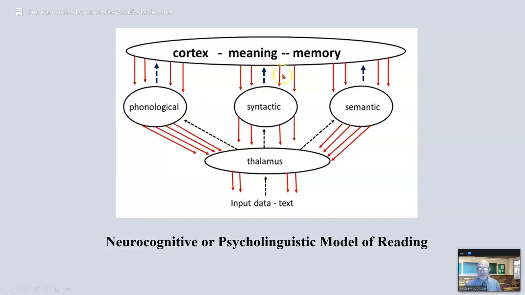Information then goes up to the cortex, and as we said, there's almost 10 times more information flowing from the cortex down than from the thalamus up. Neurocognitive brain imaging research has shown that. There's almost 10 times more information flowing down than flowing up.